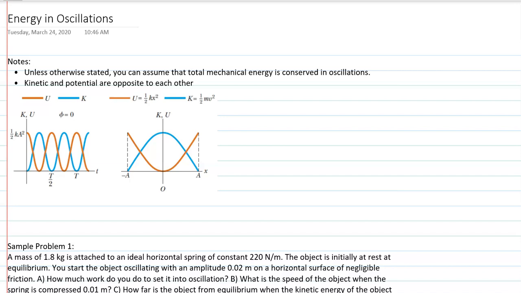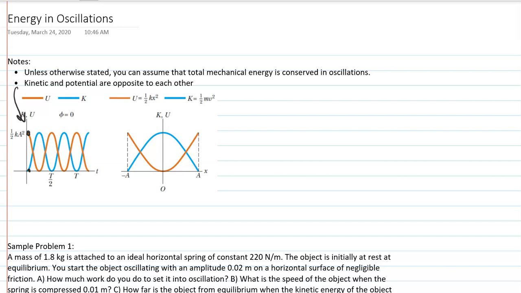So this diagram is kind of what I mean by that bullet point. U, which stands for potential energy, and K, which stands for kinetic energy. The U is that orangey red line, and the K is the blue line. When the object has maximum potential energy, its kinetic energy is at a minimum.